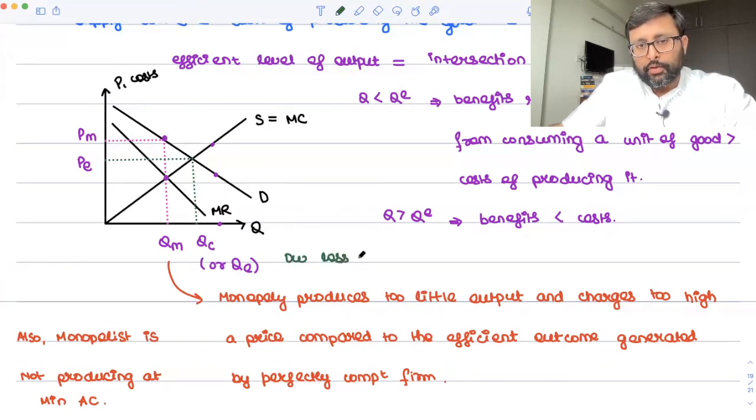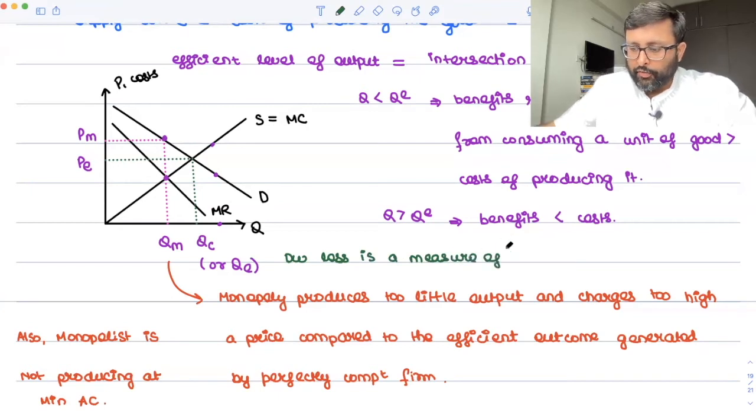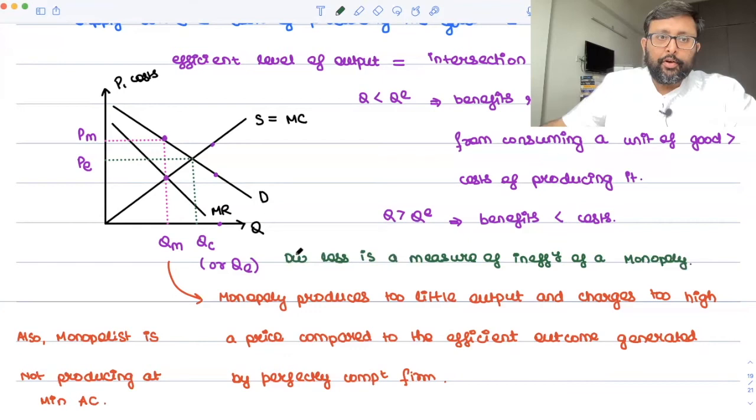So deadweight loss is a measure of inefficiency of a monopoly, right?